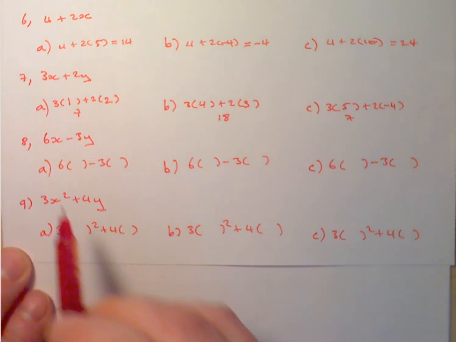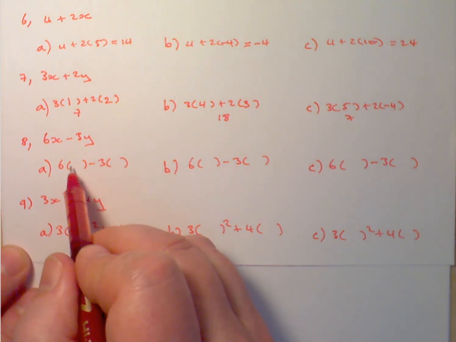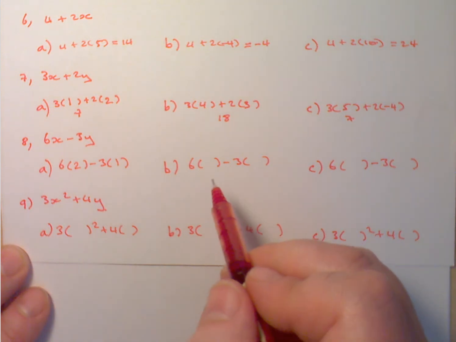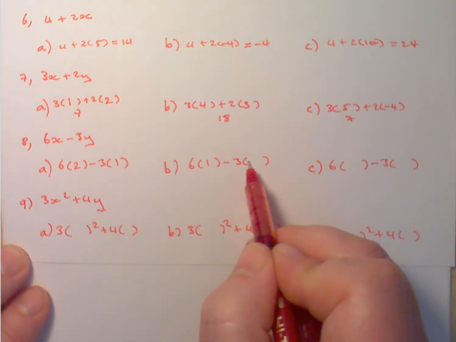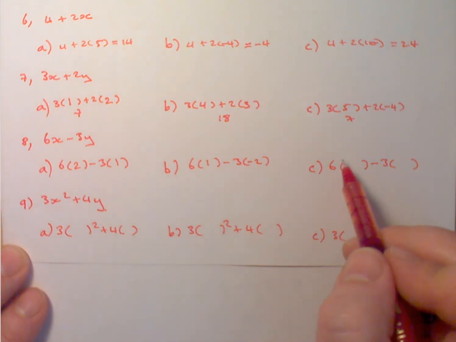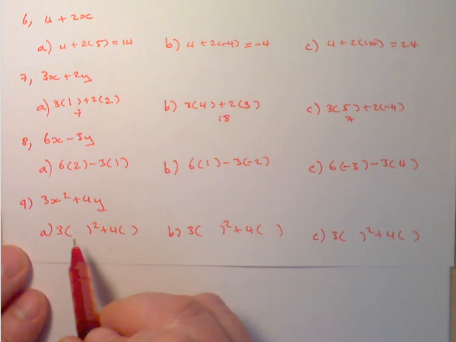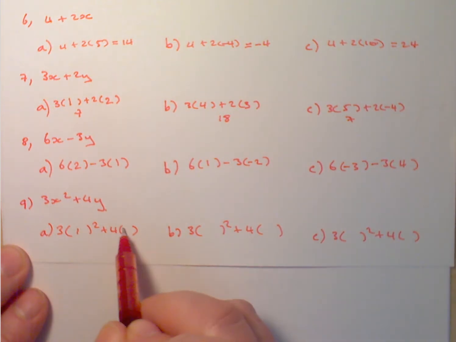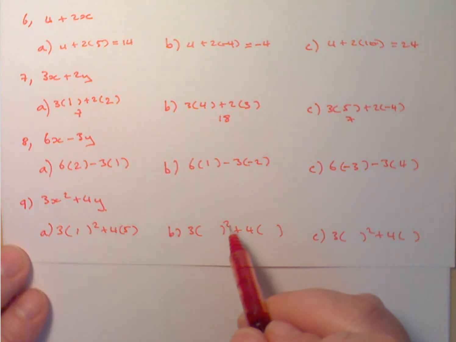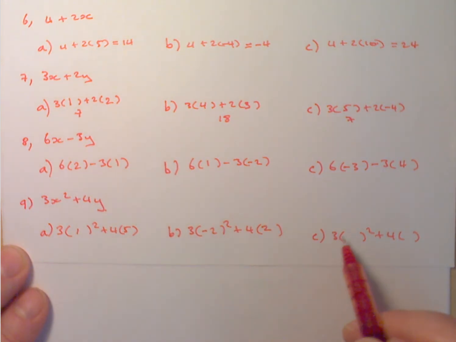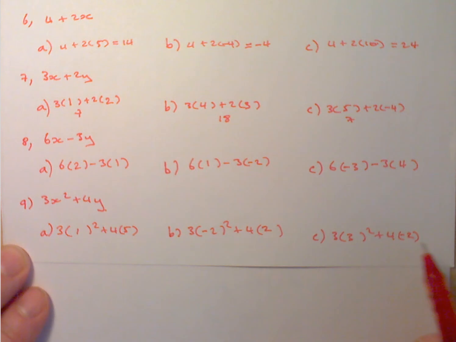So in part A, I've got 8a, they want 2 and 1, and in part B they want 1 and minus 2, and here they want minus 3 and 4, and in 9a they want 1 and 5, and they want minus 2, 2, and they want 3, minus 2. Okay? Now, none of this should freak you out because, again, we're just going to use our calculator.